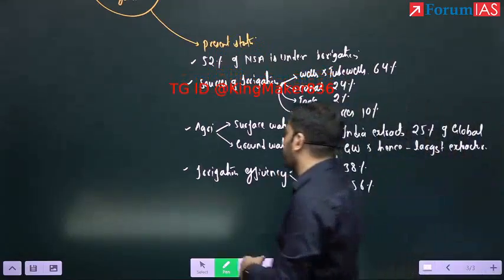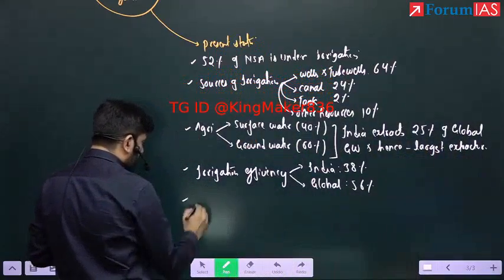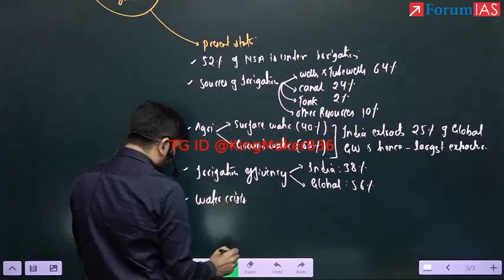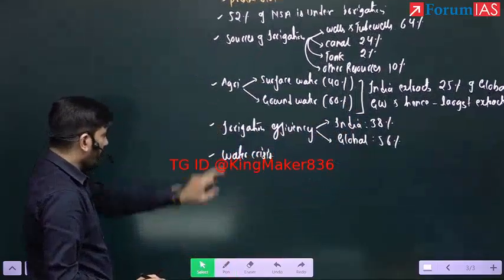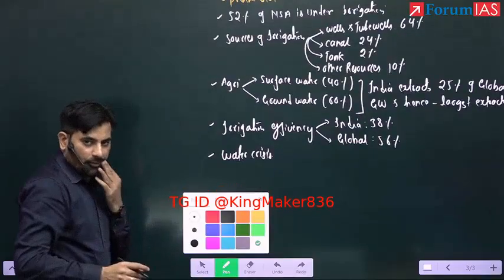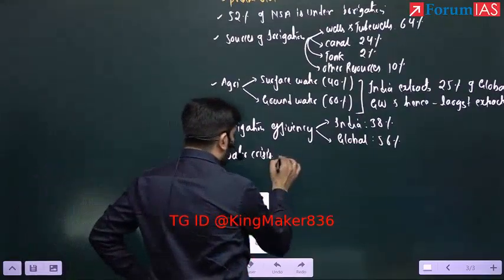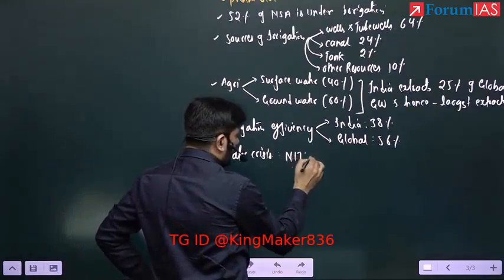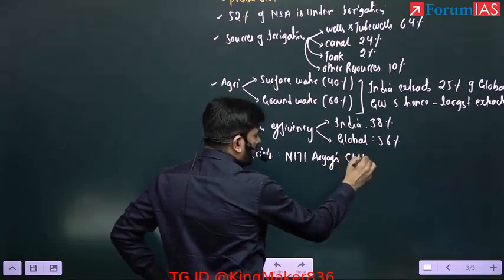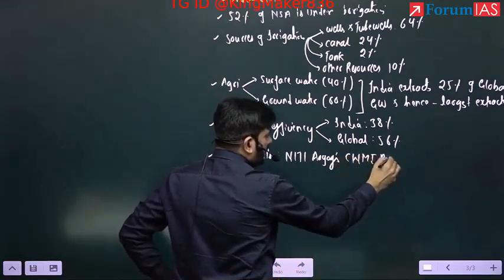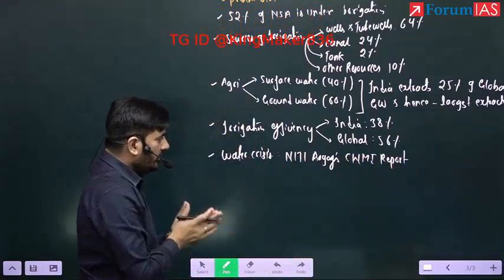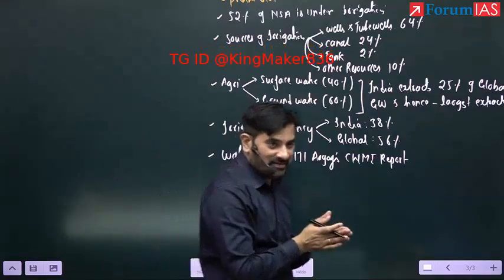Another point you can write is with respect to the water crisis. What is the name of the report published by Niti Aayog? The Composite Water Management Index report, which says that right now India is facing the worst water crisis in its history.